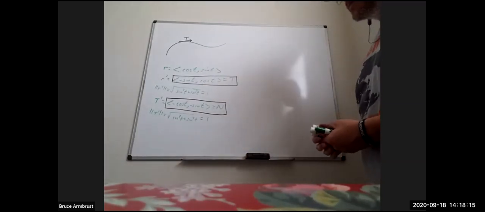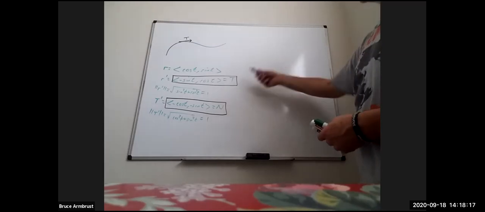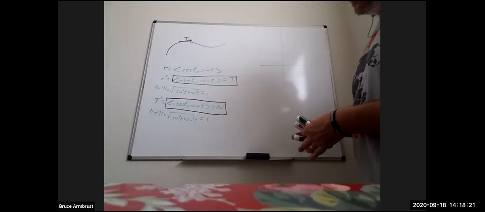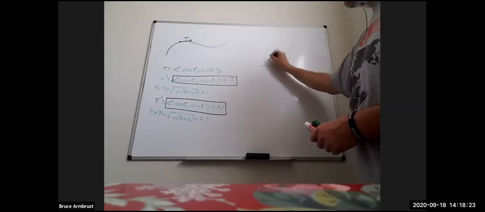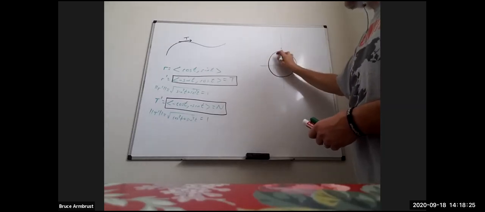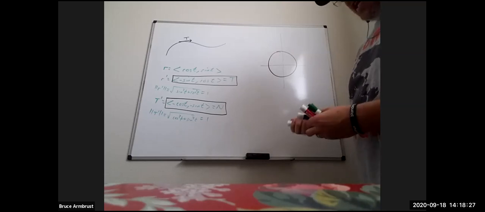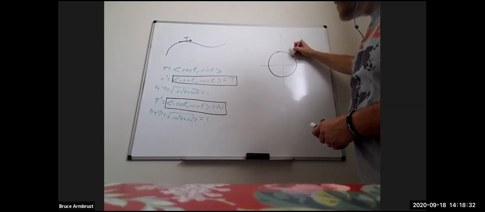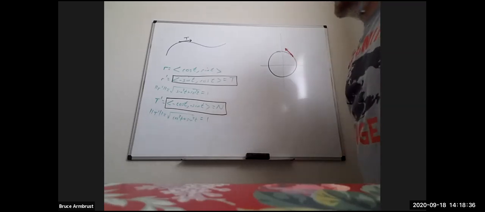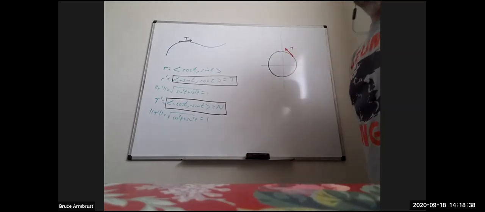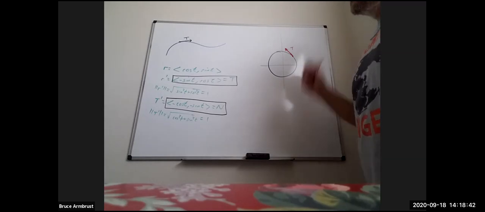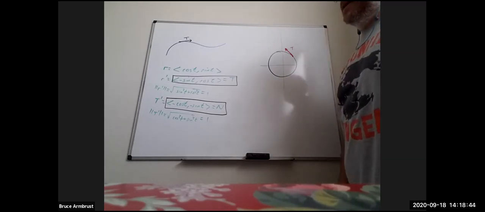So we already know about T. We've seen enough of this that it's pretty clear. So we've got our unit circle. So if I were to choose a location somewhere, like right here, there's T. All right, so which direction does N point?